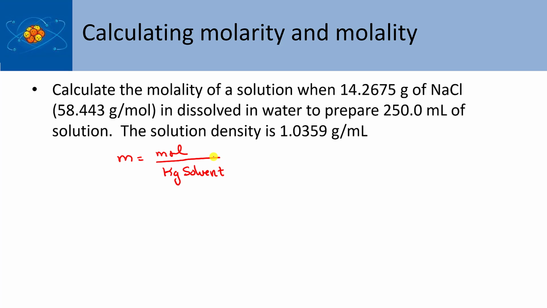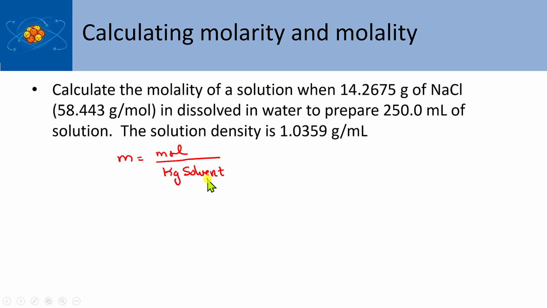So if we take a look at what we've been given here, we have 14.2675 grams. Now the moles that we get out of that will be the same, but the question is, how much solvent do we have?